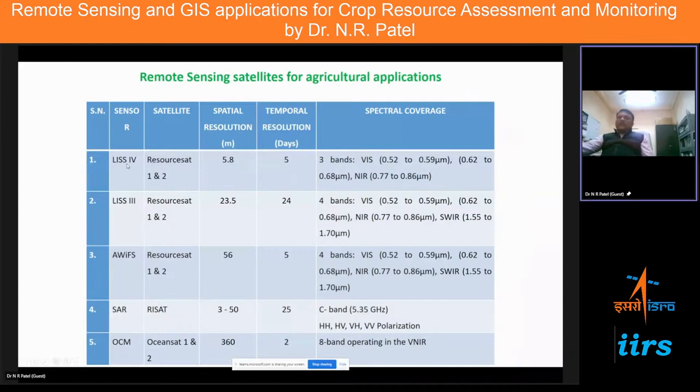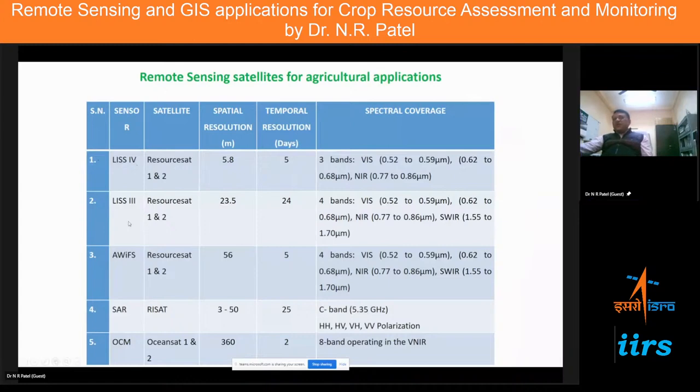There is one sensor, LISS 4 on ResourceSat, with 5.6 meter resolution. Every 5 days it revisits the particular area, and there are almost 4 bands. So it is very much useful for field boundary detection and for small patches of vegetable and horticulture crops. It is high resolution mapping.